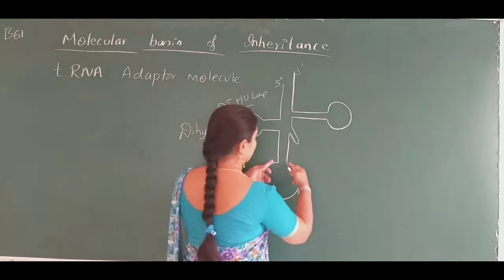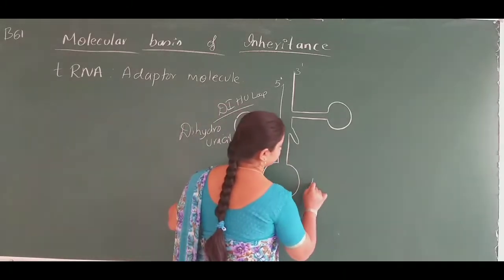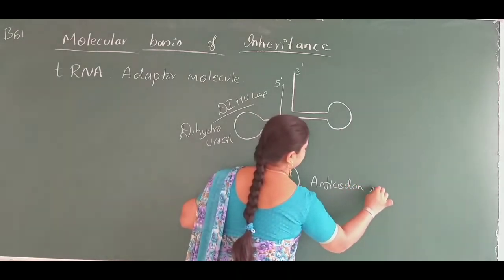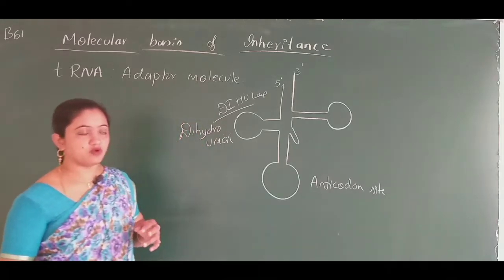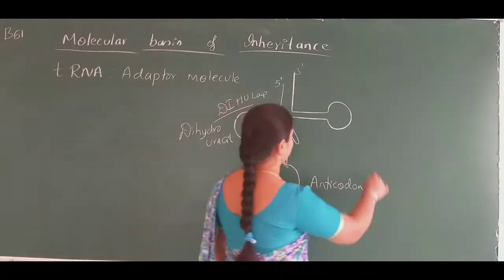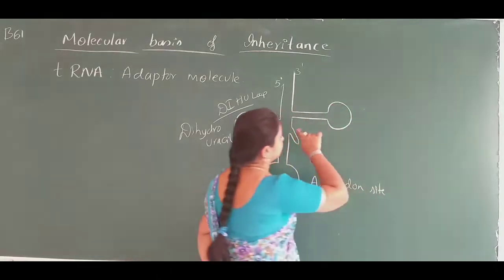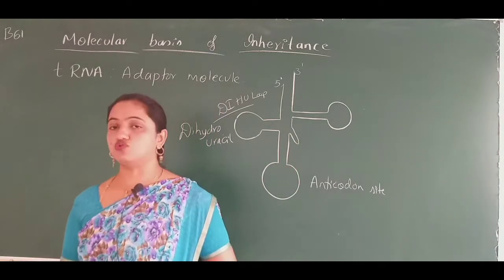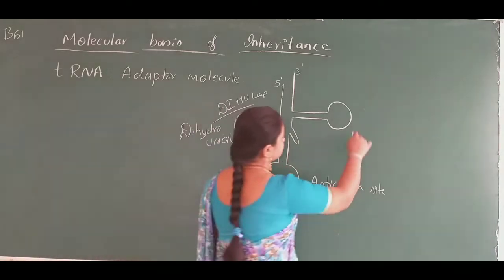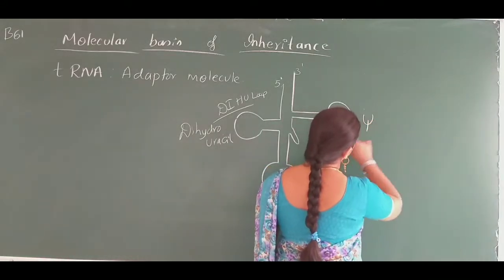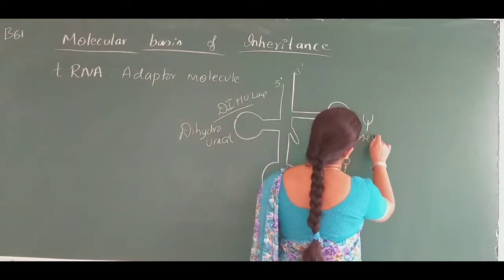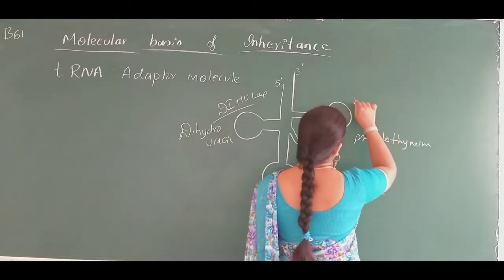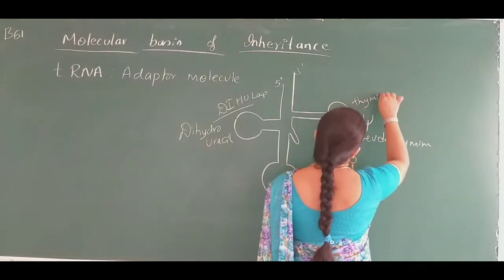One more arm here refers to the anticodon site or anticodon loop, whatever you can call this arm. And one more arm nearer to the 3 prime is known as the pseudo-thymine or thymine loop.